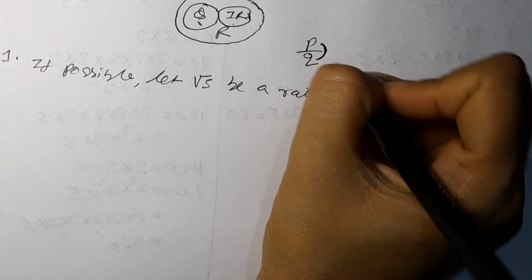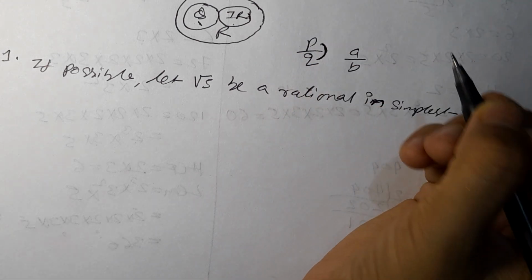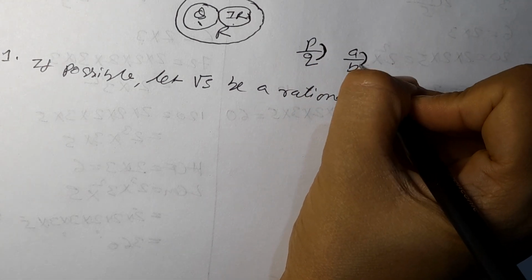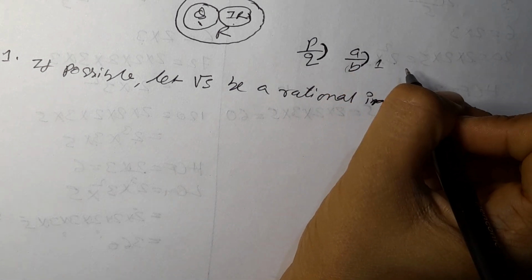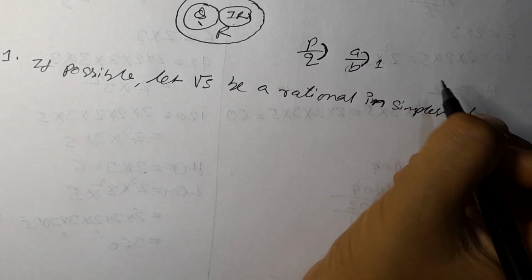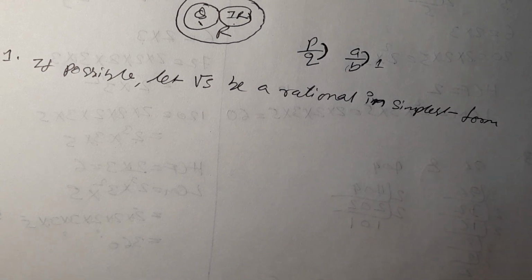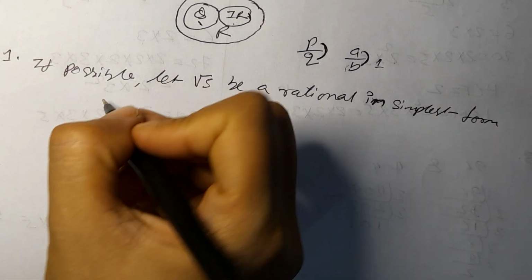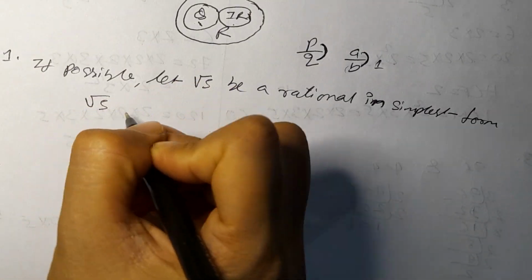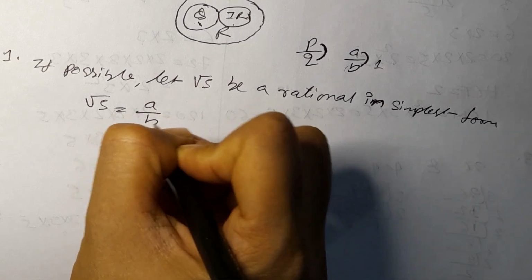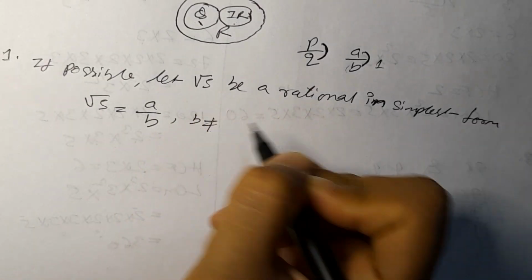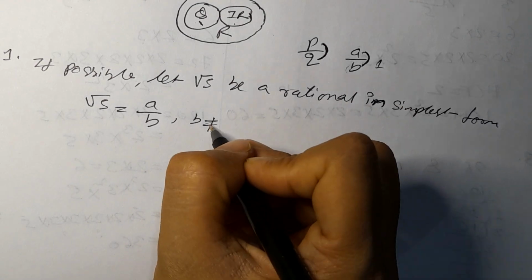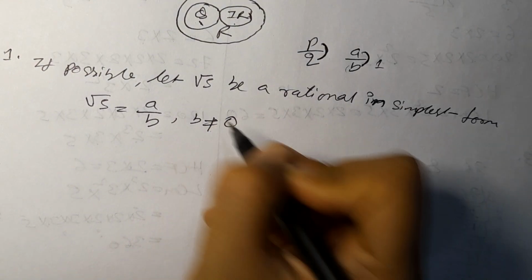You can consider p by q or a by b, both are correct. That is called the simplest form. So root 5 is equal to a by b, in simplest form, and b is not equal to 0, because the denominator of a rational number cannot be 0.